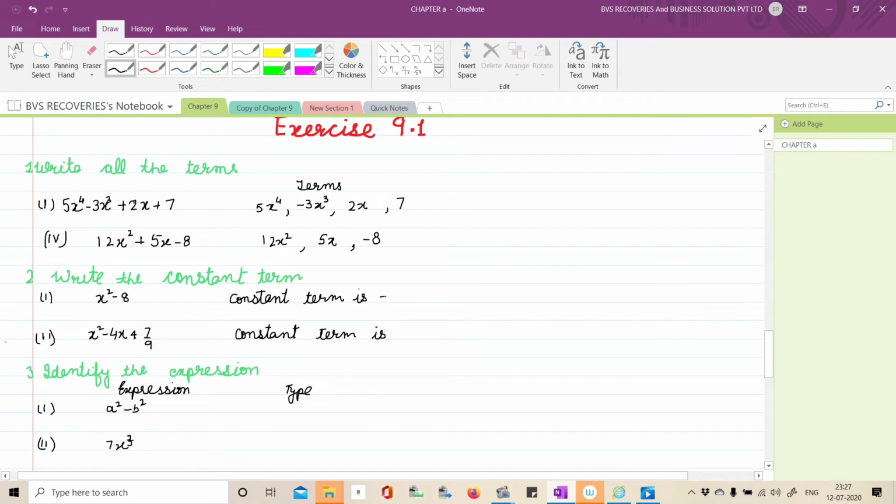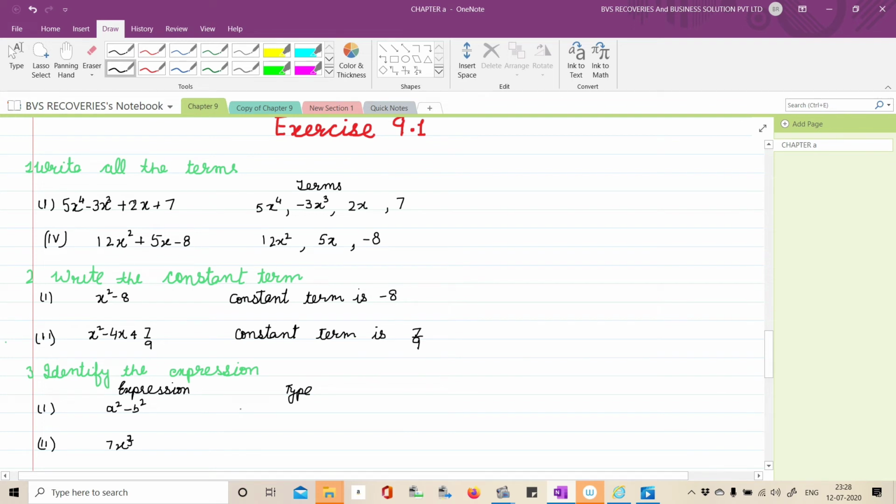So we can say this constant term is minus 8. Same way, the second part is x^2 minus 4x plus 7/9. So you can see here the first term x^2, second term 4x, both are with x. But the third term is 7/9 without a variable. So this is a constant. So we can write the constant term is 7/9.